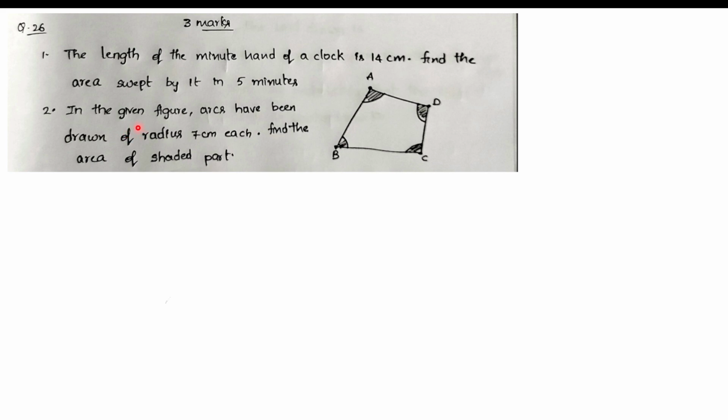Now the angle covered by the minute hand in 5 minutes is 5 into 6 degrees, because we know that the angle covered by the minute hand in 1 minute is equal to 6 degrees.